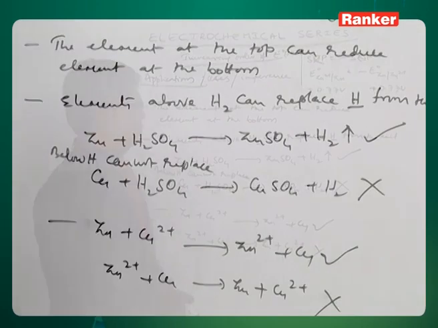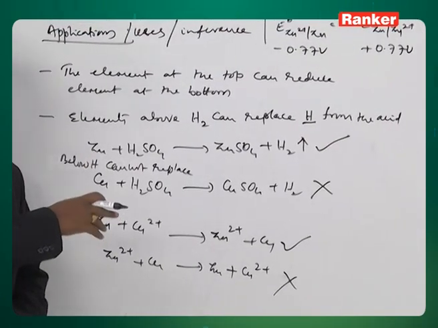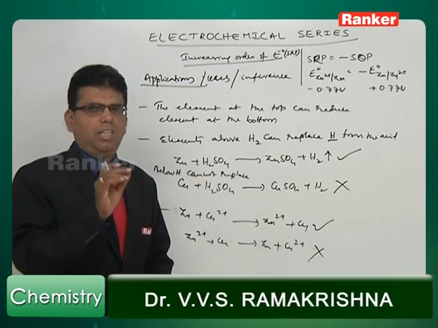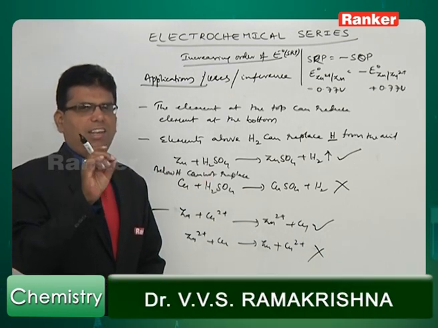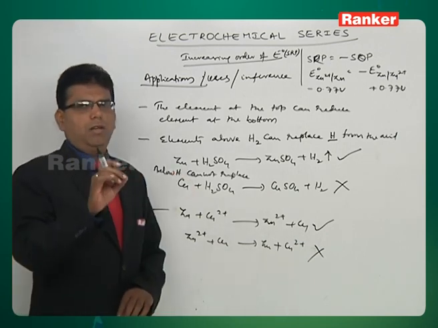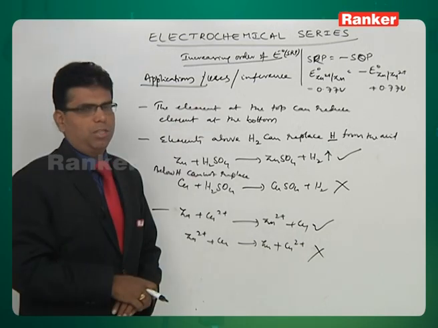This is very helpful in understanding the possible redox reactions. E naught values give us a very clear understanding about possible redox reactions. That is a very important application of the electrochemical series.